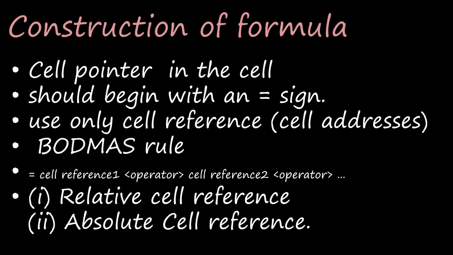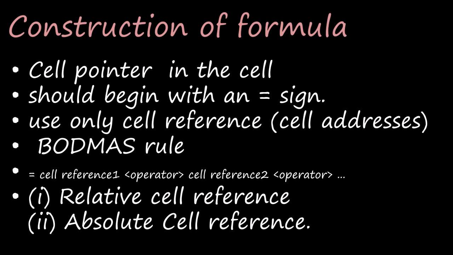This rule must be followed when constructing a formula. And the general syntax of constructing a formula is, first, the equal to symbol must be there, right? First equal to, then cell reference 1, then the operator, then cell reference 2, and then again an operator. If it is a big formula, we can give it in that same line itself.